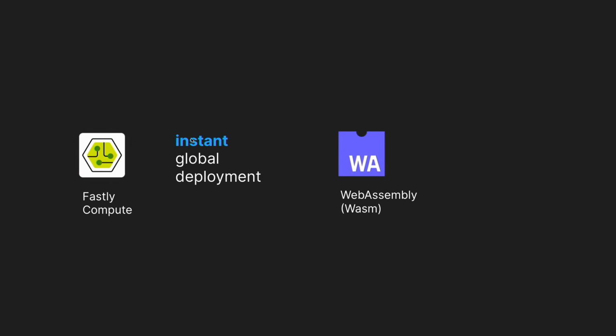I'm not going to insist too much on this technology. You can always catch me, I will chew your ear off about it. I think it deserves its own conference talk. But just imagine WebAssembly as a really secure sandbox that you can run your code inside.